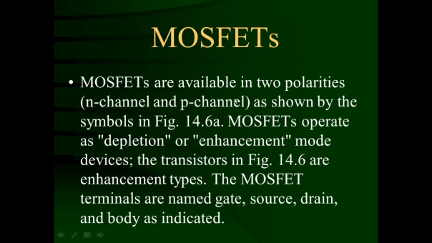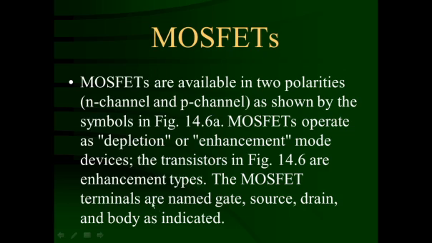MOSFETs are available in two polarities, N-channel MOSFET and P-channel MOSFET, as shown by the symbols in figure 14.6a. MOSFETs operate as depletion type or enhancement mode devices. The transistors in figure 14.6 are enhancement type.